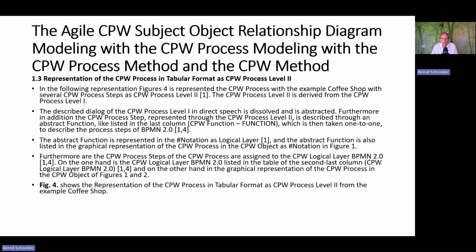The CPW process level 2 is derived from the CPW process level 1. The described dialog of the CPW process level 1 in direct speech is dissolved and is abstract.